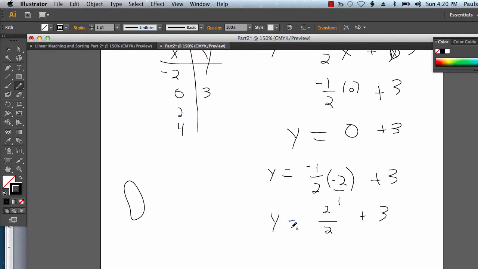So 2 over 2 becomes 1. And 1 plus 3 is 4. Y will equal 4 when x is negative 2.